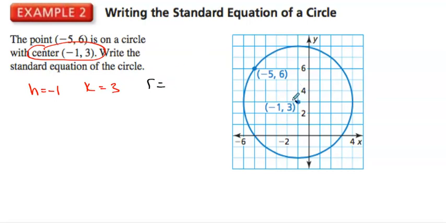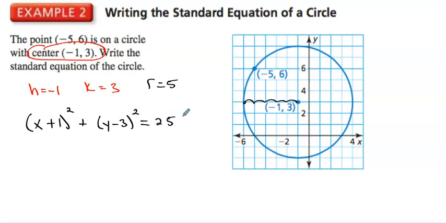We could figure out r, 1, 2, 3, 4, 5, and r is equal to 5. Okay, so we got, in parentheses, x minus negative 1, which becomes x plus 1 squared, plus y minus 3 squared equals 25. And you're done. Alright, so now you wrote the equation of a circle from a graph. Not too bad, hopefully.